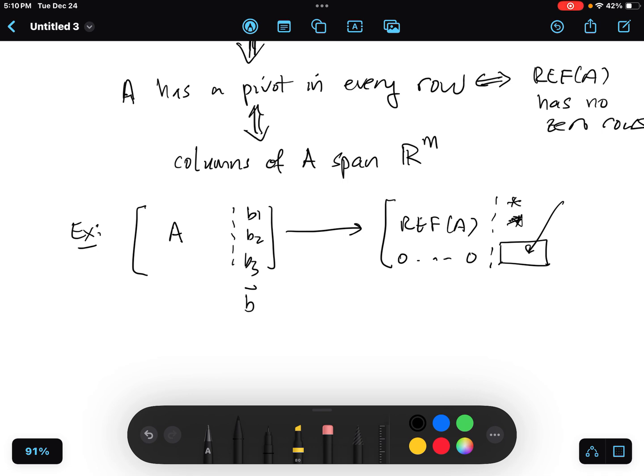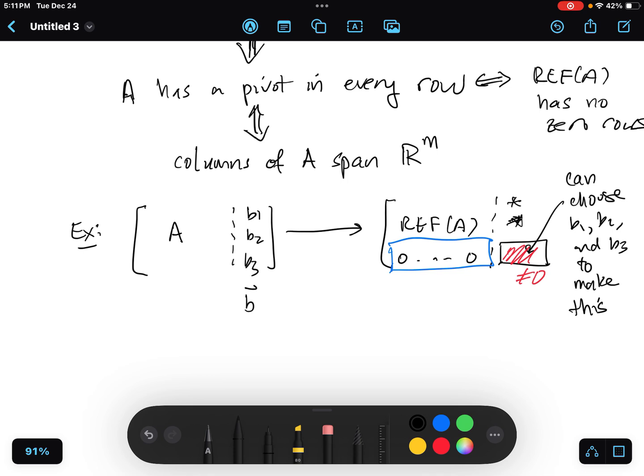And if you have a bottom row of zeros like this, you can always choose the original vector B. You can choose B1, B2, and B3 that makes this number non-zero. And if you do that, then you have an inconsistent system.